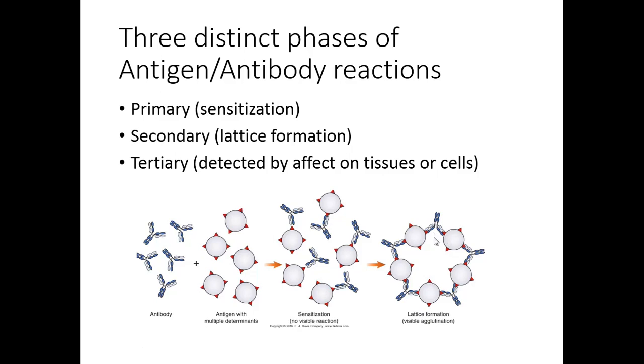This is where it's really helpful that there can be multivalency on the same antigen. If I didn't have those repeating antigens, the antibodies would never get to this cross-reacting.